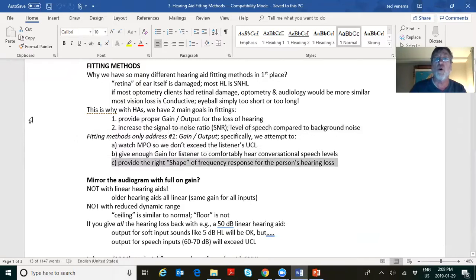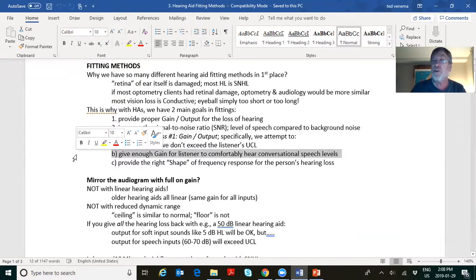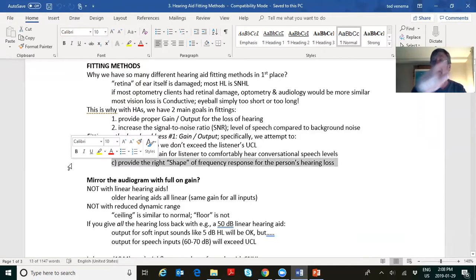So those three goals of fitting methods, you're only addressing gain and output, but you're looking to make sure you're not doing too much. Give enough gain so the guy can hear conversational speech. And of course, look at the shape of the hearing loss. If it's a downward sloping loss, obviously give more treble input. If it's a flat loss, provide equal amplification across.